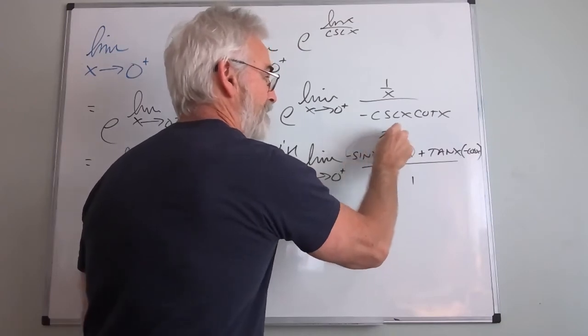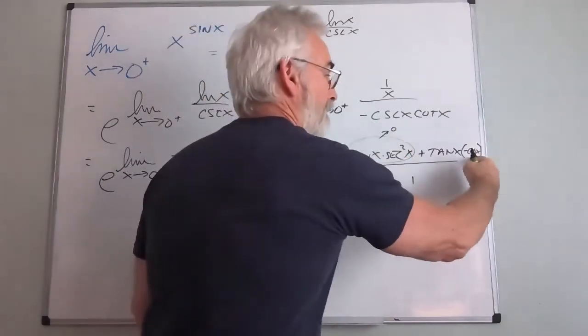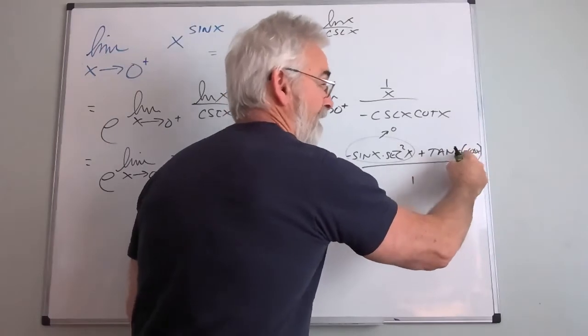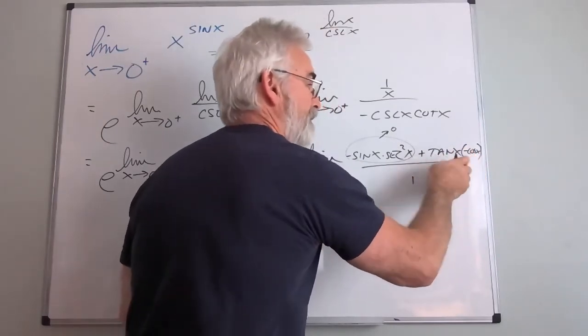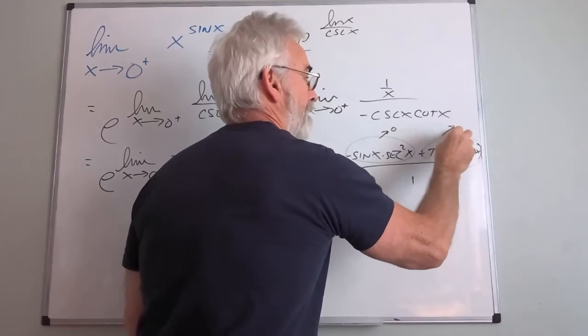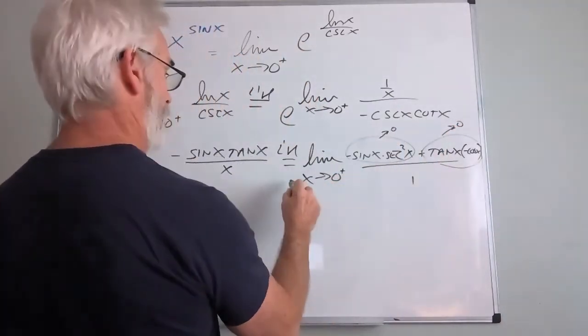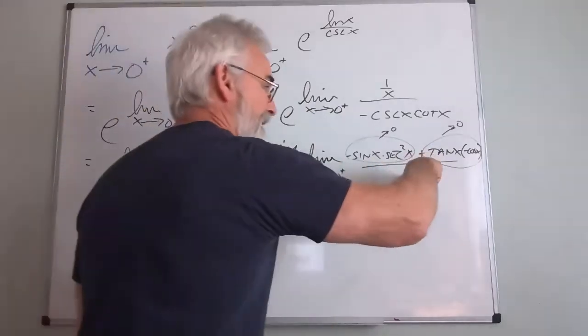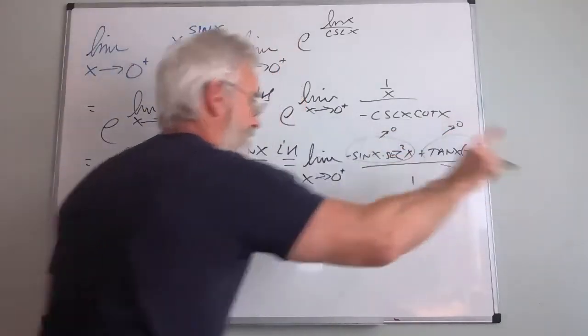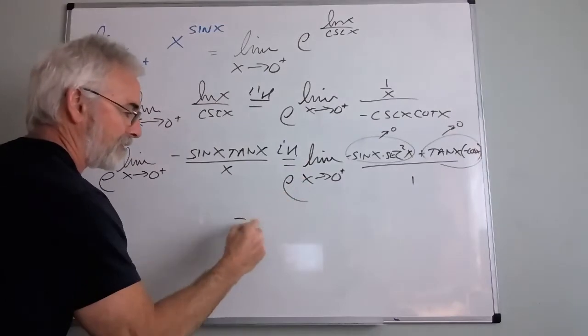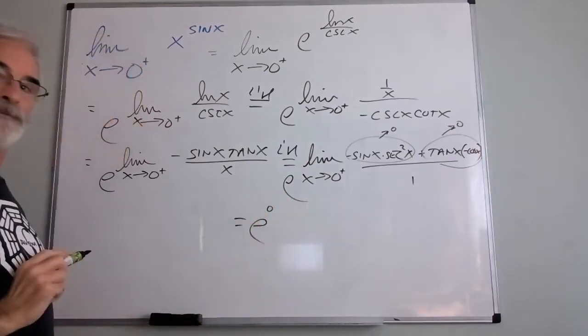So that term's approaching 0. Cosine's approaching 1, well, in this case, negative 1, but the tangent's approaching 0. So that means this limit is, I'm sorry, I lost my e there. Sorry. This limit is 0.